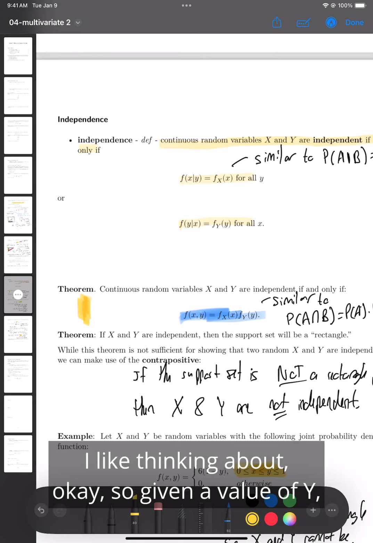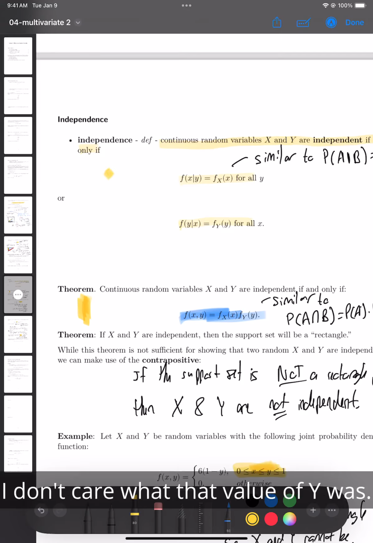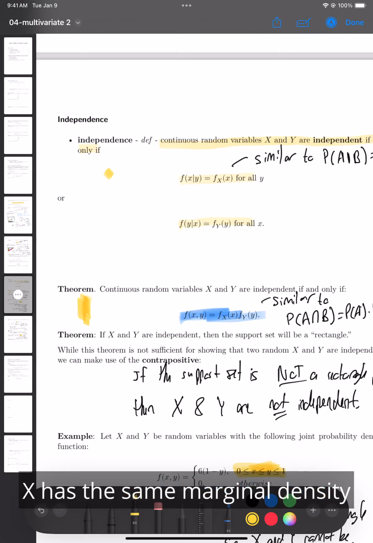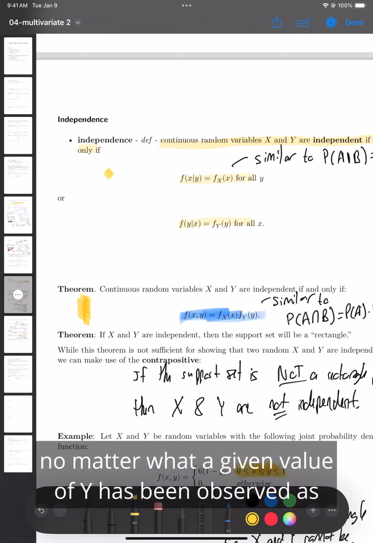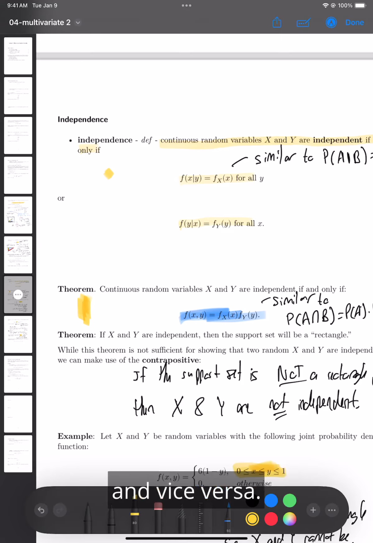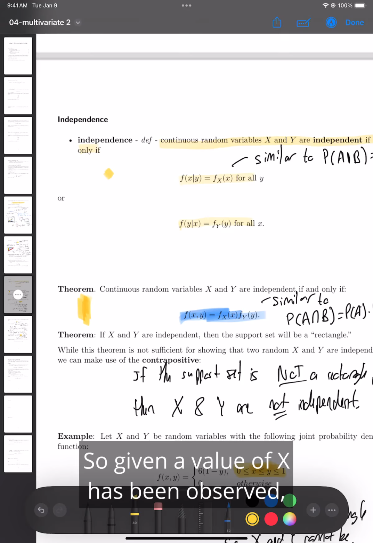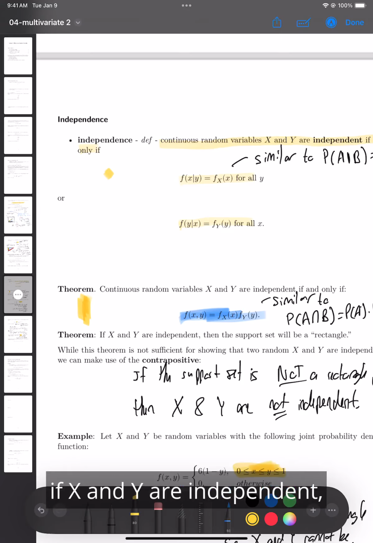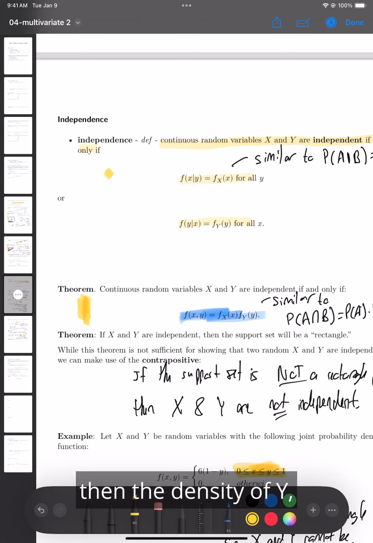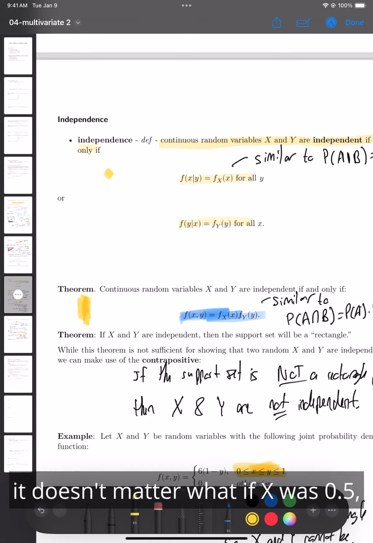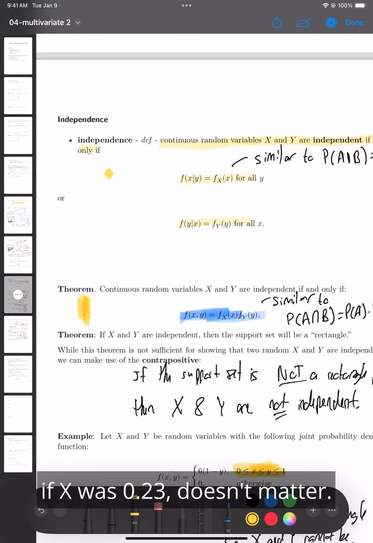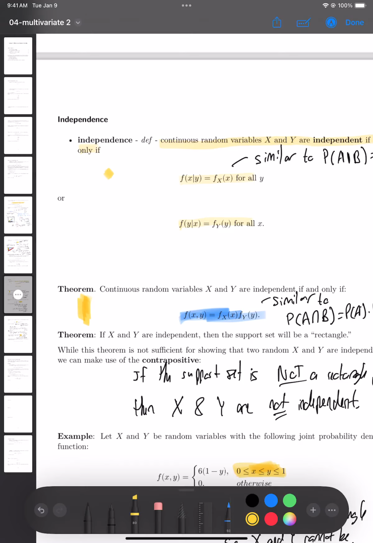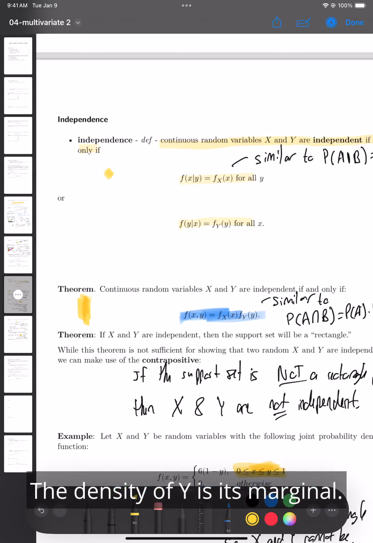Given a value of Y, I don't care what that value was, X has the same marginal density no matter what value of Y has been observed, and vice versa. Given that a value of X has been observed, if X and Y are independent, then it doesn't matter if X was 0.5 or 0.23. The density of Y is its marginal.